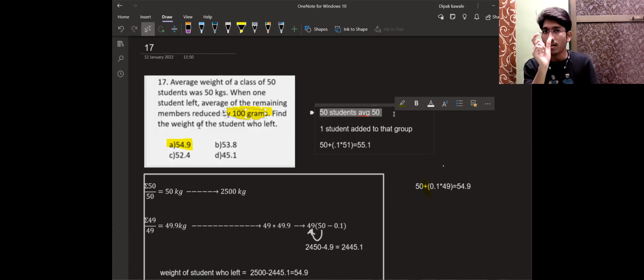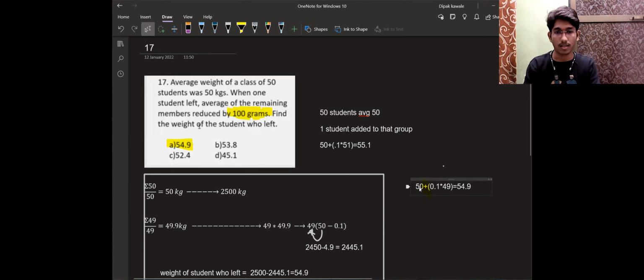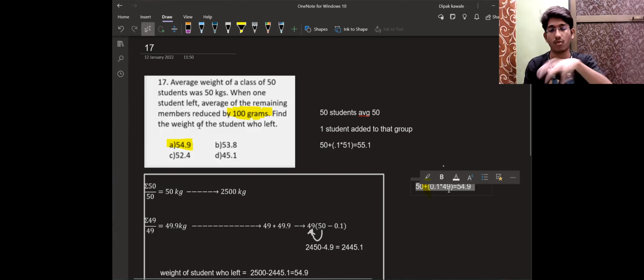Then that decrease, whatever the percentage, we have to multiply it with the number of people, and then add it to that assumed value. In this case we have assumed 15. See the screen, 15 plus 0.1 is the decrease value, and we have multiplied it over the 49 members of the remaining students. Okay, so this is how we got 54.9.